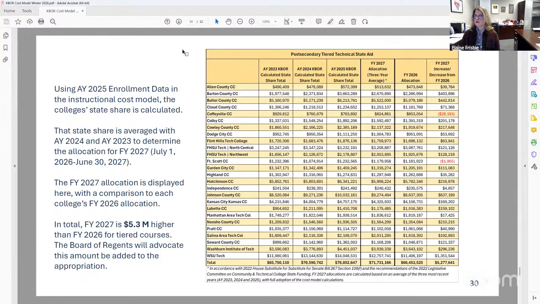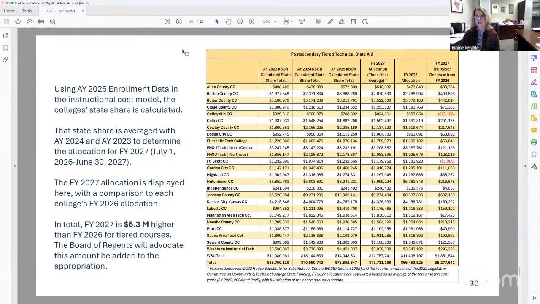And then we looked at that, so that generates the AY 2025 calculated state share total, which totals 78.85 million. You average that back with 24 and 22 to get your 3-year average. And then you compare that to how the allocations were done in that same manner for 2026.